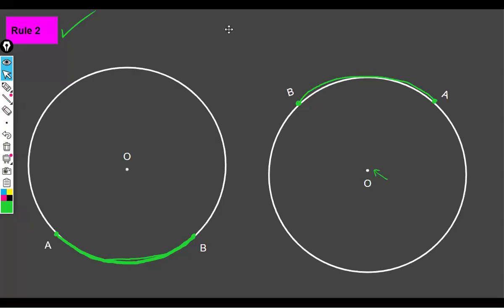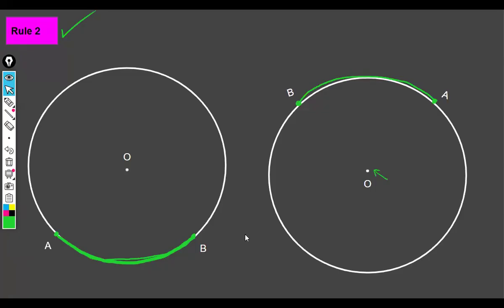In fact, rule 2 is going to start off just like rule 1. And you're going to be saying, wait now, isn't this the same rule? But there's going to be a subtle difference. So let's start off. We're going to draw a line from point A at the beginning of the arc to hit the circumference and bounce back to point B, the end of the arc.